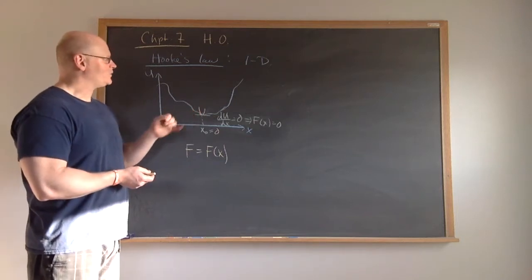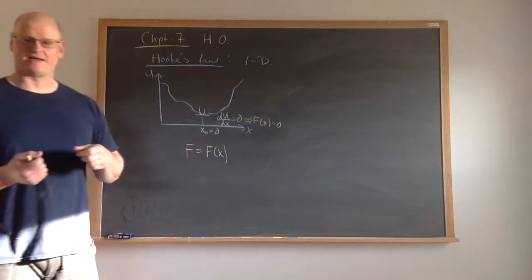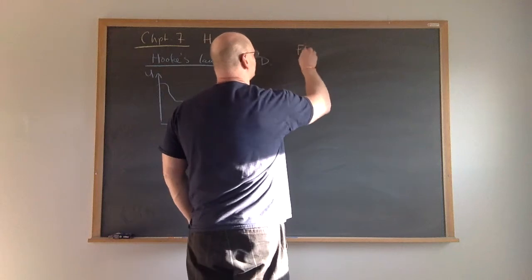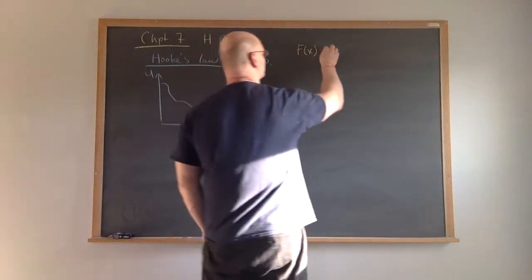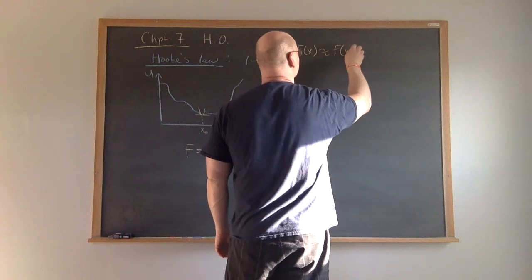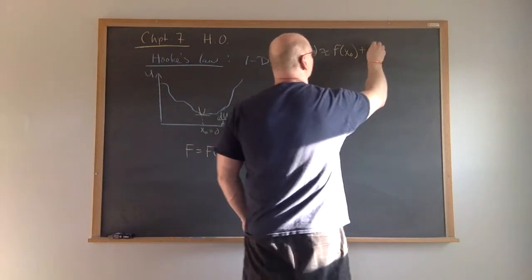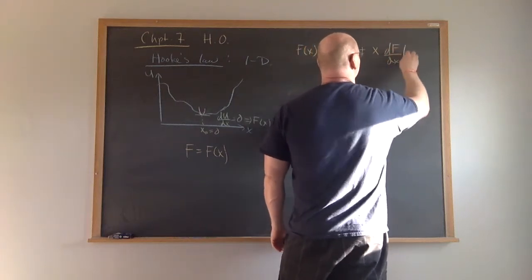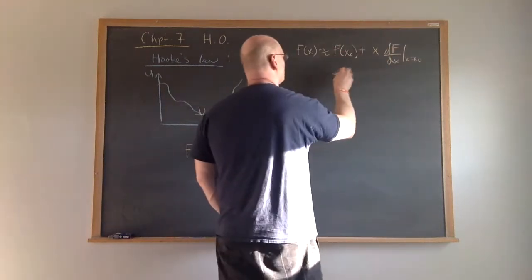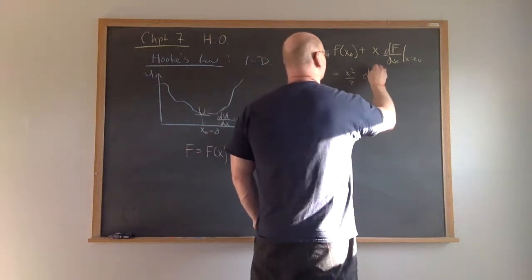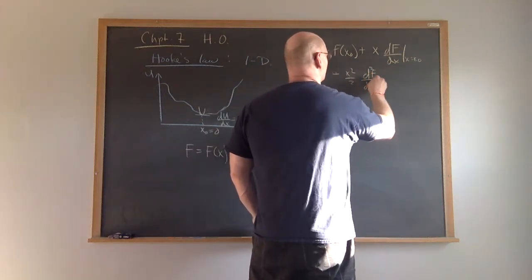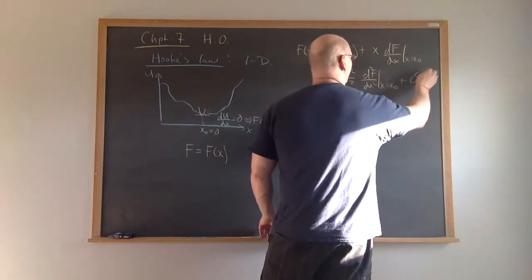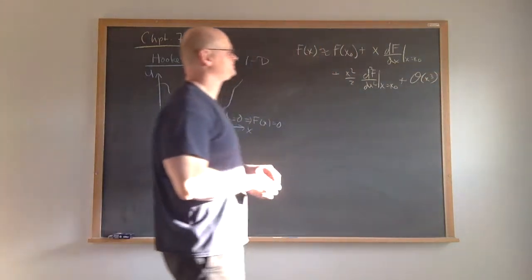If we do that, then we can Taylor series expand the force just like we Taylor series expanded the potential. So the force acting on our object is approximately equal to the force at that equilibrium position, plus x times the derivative of the force evaluated at that equilibrium position, plus x squared divided by 2 times the second derivative of the force with respect to position evaluated at that equilibrium position, plus higher order terms, like x cubed.